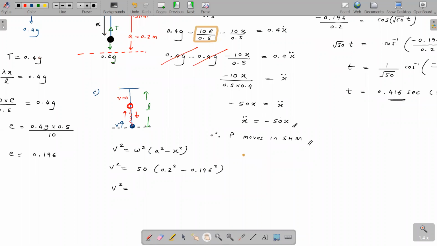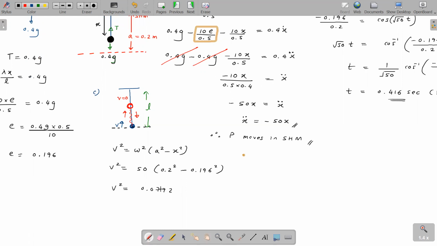How much is it? V square, we get here 99 over 1250 or 0.0792.